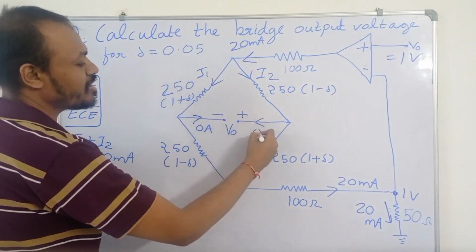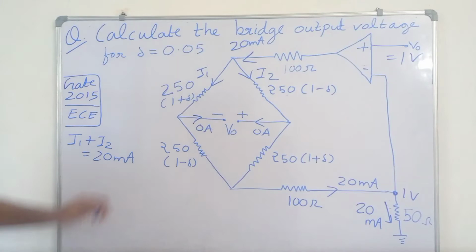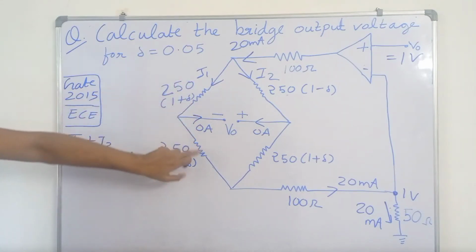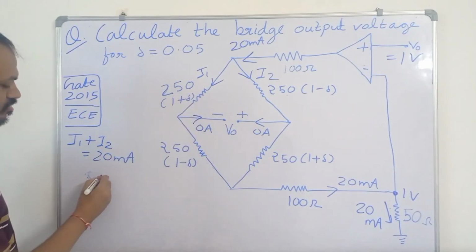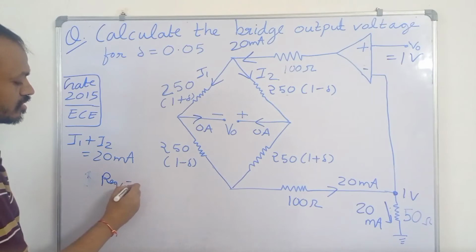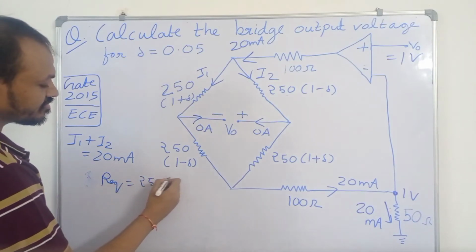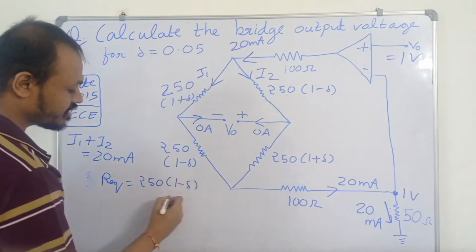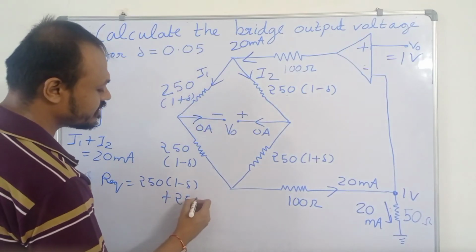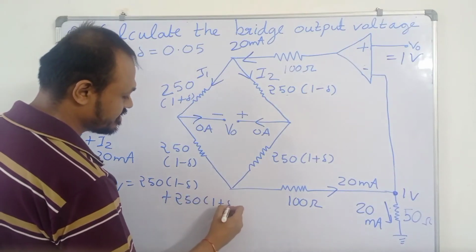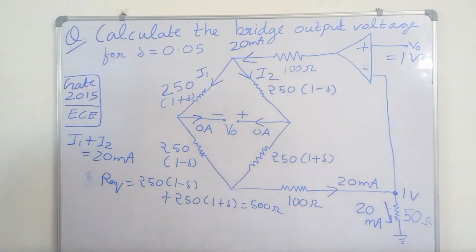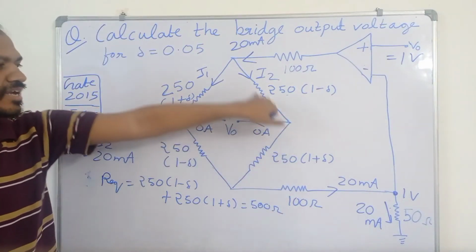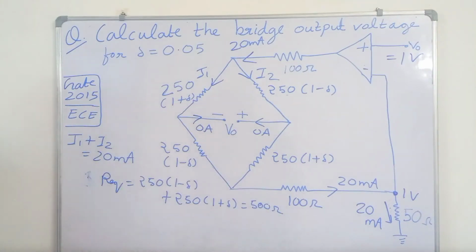So R equivalent of these two resistances will be 251 minus delta plus 251 plus delta, which is equal to 502 ohm. Similarly, the R equivalent for these two resistances will also be the same.